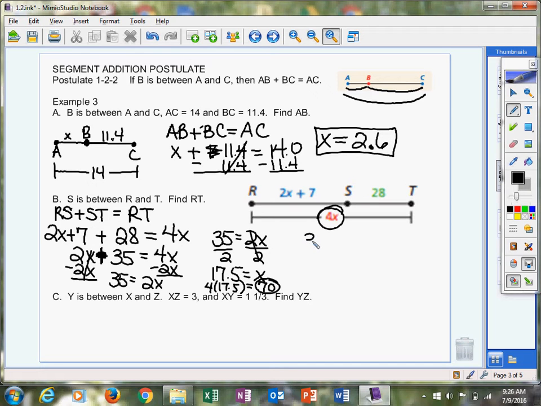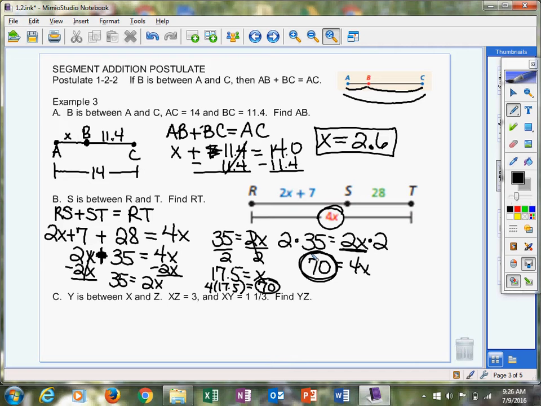Now let's go back up here and talk about that shortcut I mentioned. Remember, RT is 4x. So to make this 4x, I would have to multiply by 2. So if I multiply each side by 2, I'll get 70 equals 4x. That's what I'm looking for, 4x, not just x.